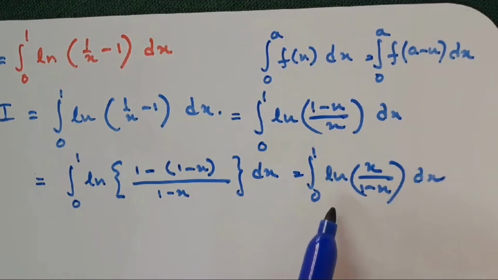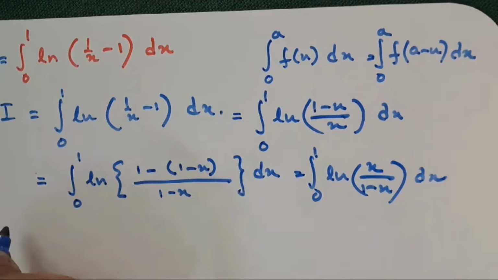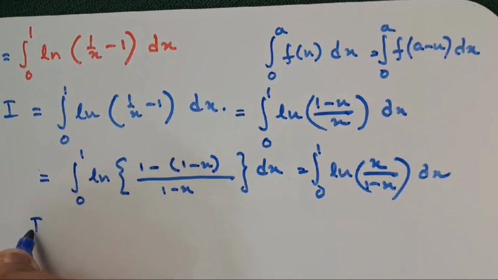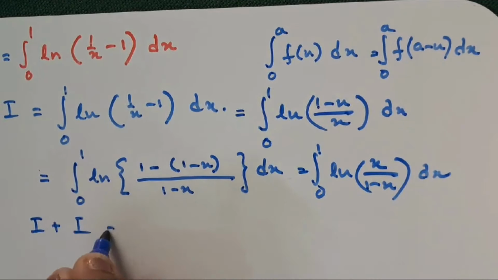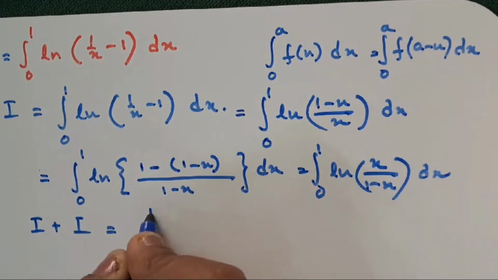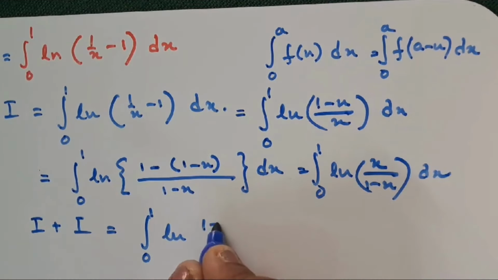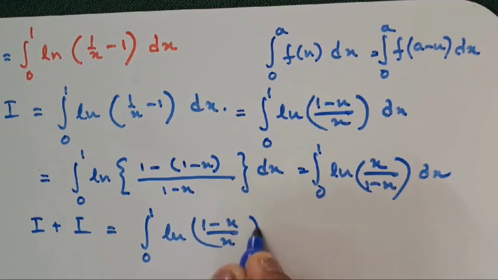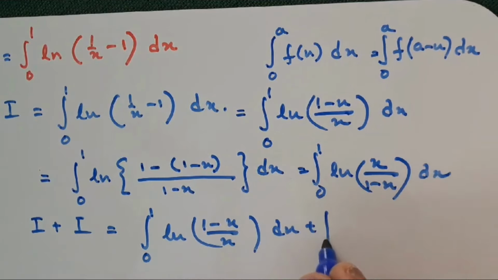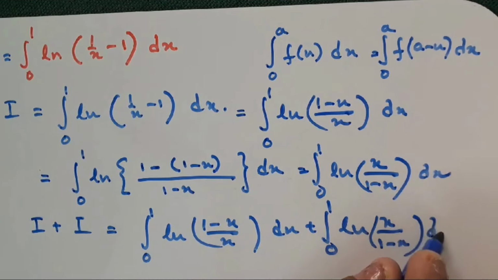Now I am adding this side and this side. So I plus I is equal to integration 0 to 1 ln of (1 minus x)/x dx plus integration 0 to 1 ln of x/(1 minus x) dx.